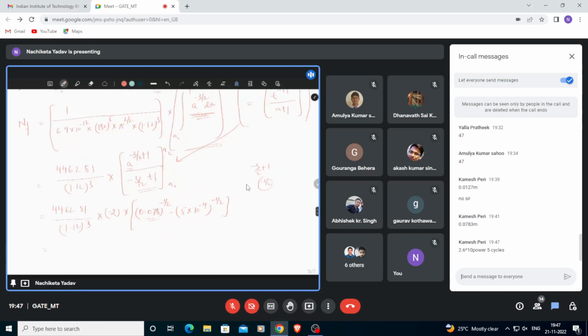So if we solve, we will get minus 1 by 2. Can you solve now? To the 2 into 2.6 into 10 to the power of 5. Yeah, it is true.